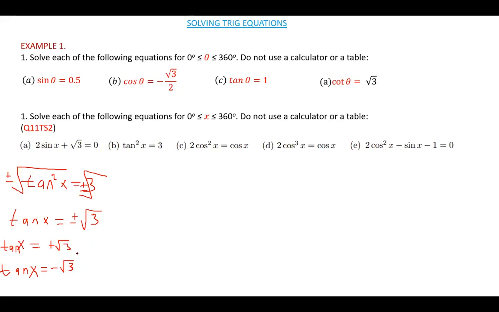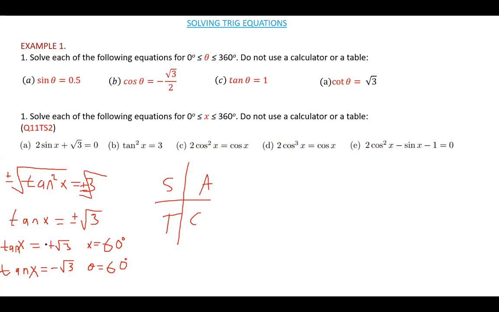Then you find the quadrants where they lie. For both you find your values to be tan inverse of root 3, that is 60. So you find your value of x to be 60 here. Even here, since it's negative, you don't find x, you find the theta to be 60 as well.